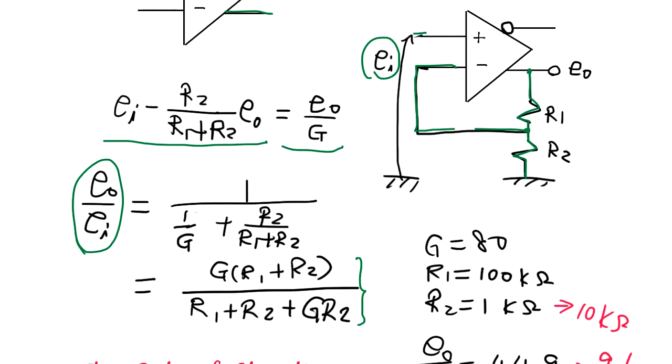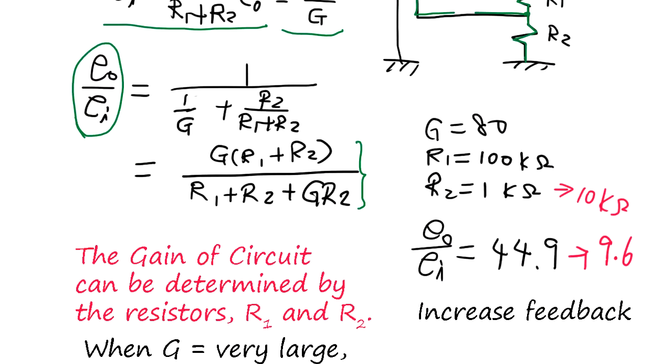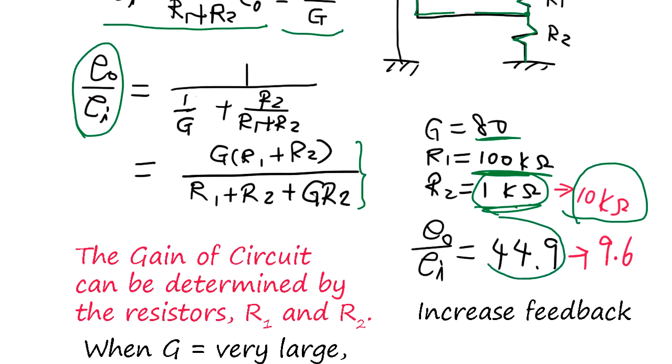So for example, the op-amp gain is 80, and 100 kilo ohm and 1 kilo ohm resistor combinations give 10 k ohm, 1 k ohm give the actual gain of 44.